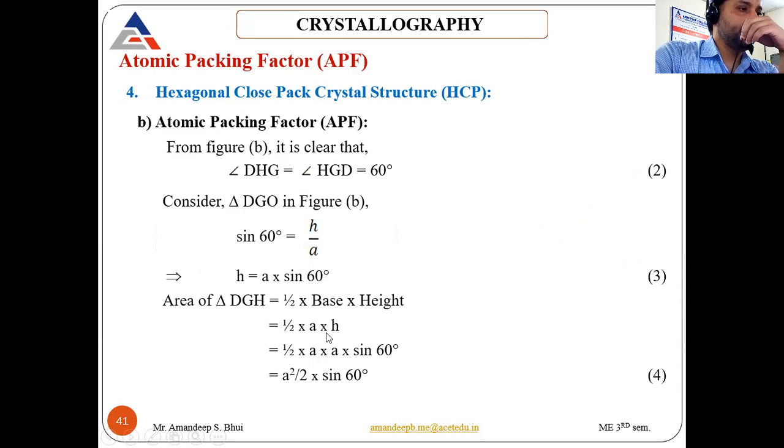The value of H we evaluated above in equation number 3, it is A into sine 60. So H is substituted as A sine 60. So we will have A square by 2 into sine 60. So the area of that one triangle is A square by 2 into sine 60.